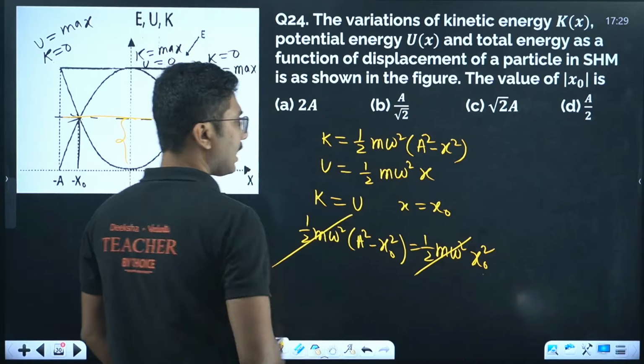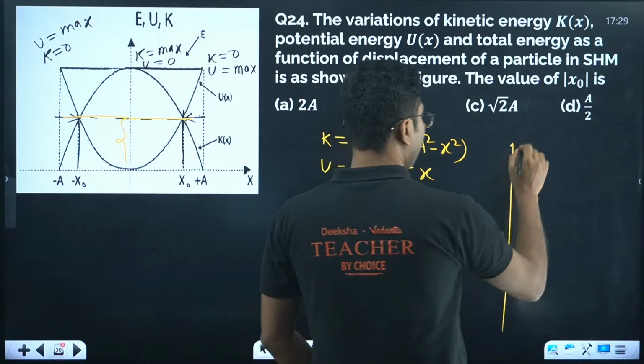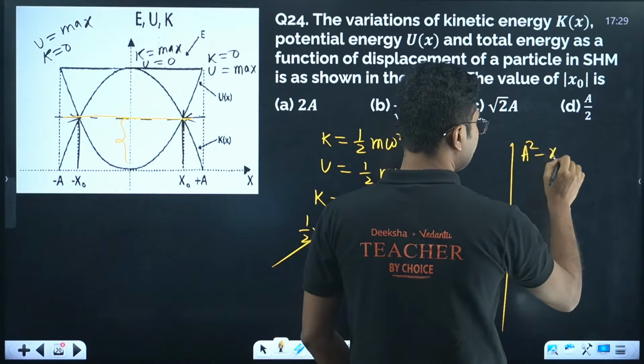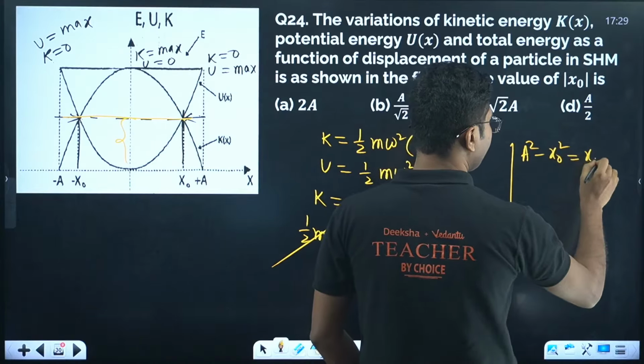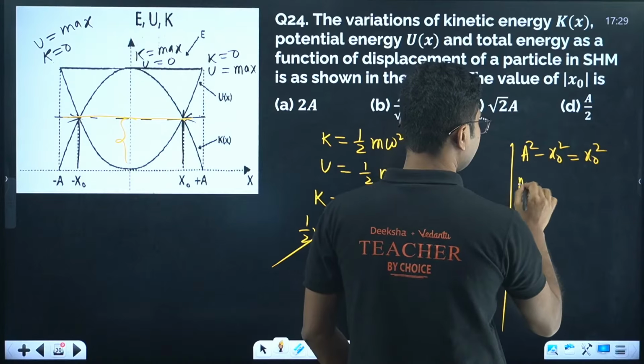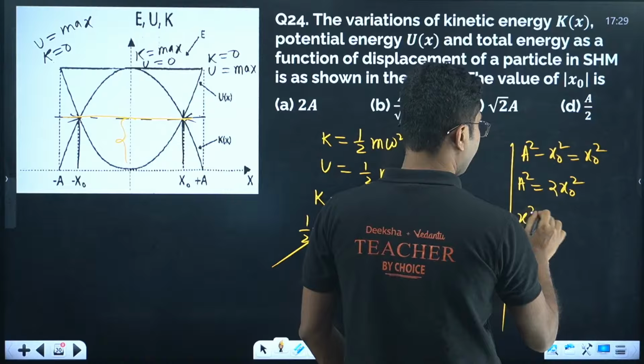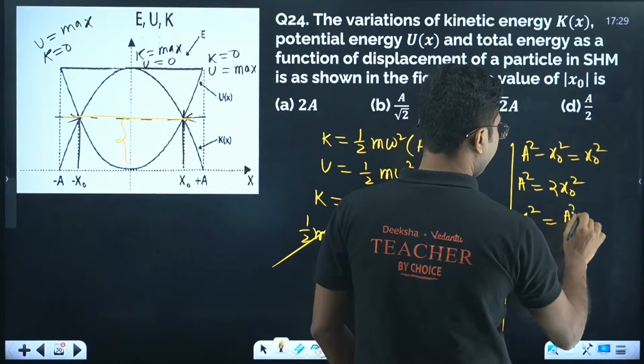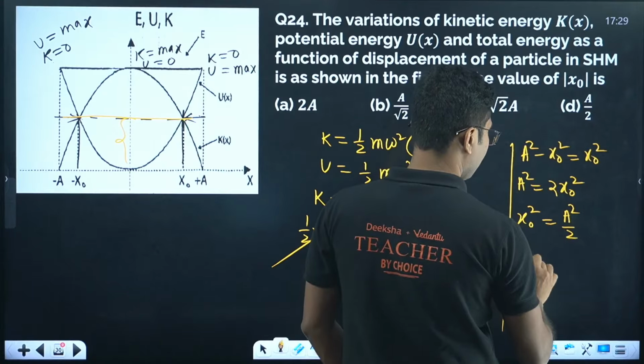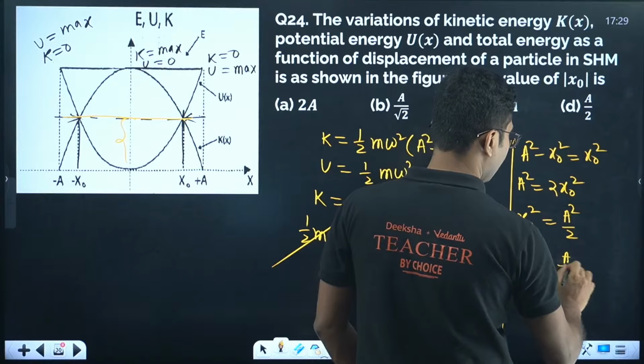This cancels and we get a square minus x naught square equals x naught square, or a square equals 2 x naught square, or x naught square equals a square by 2, or x naught equals a by root 2.